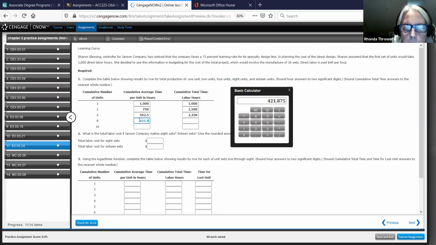0.88. I would round that to 2 decimal places because they tell you to round your hours to 2 significant digits. So I'm going to clear out my calculator so I can make sure that I calculate my cumulative total time in labor hours correctly. Since I rounded it here, I'm going to put the new rounded figure in and multiply it by the cumulative number of units, which is 8.